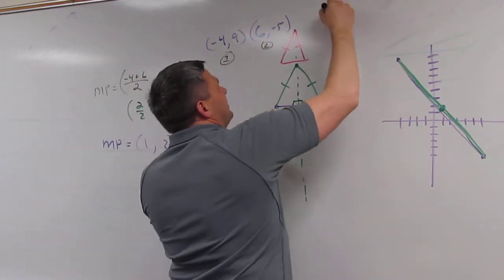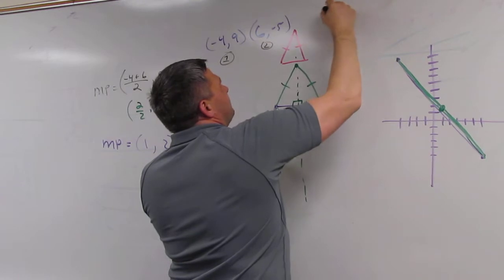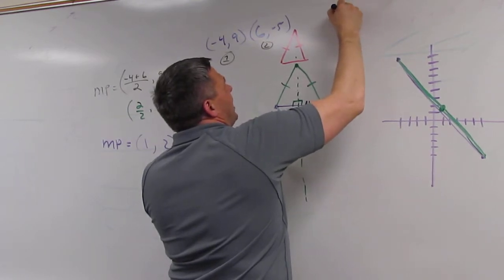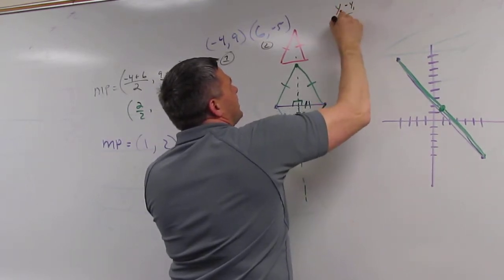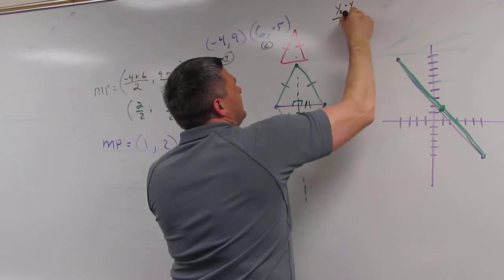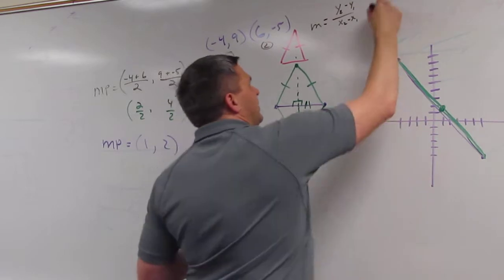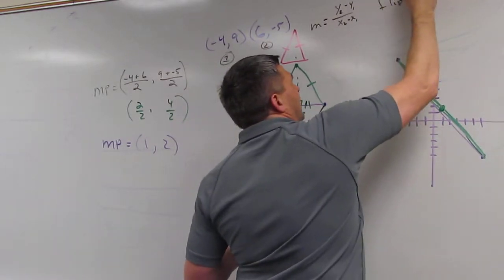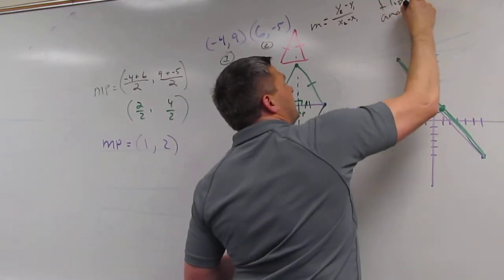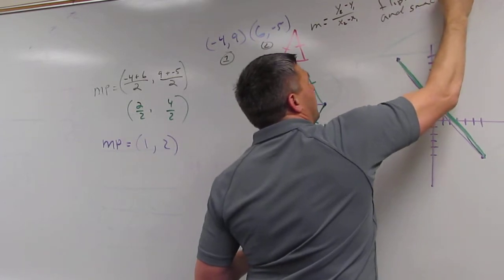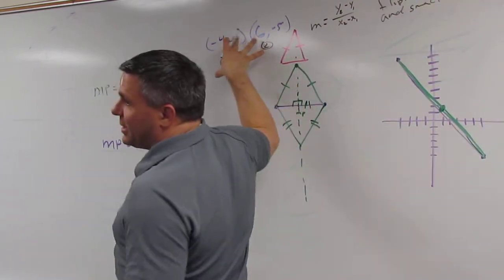Well, remember this? y sub 2 minus y sub 1 over x sub 2 minus x sub 1. Or, flip it and smack it. Okay, just flip these and smack it.